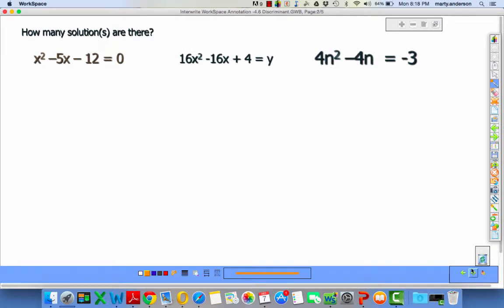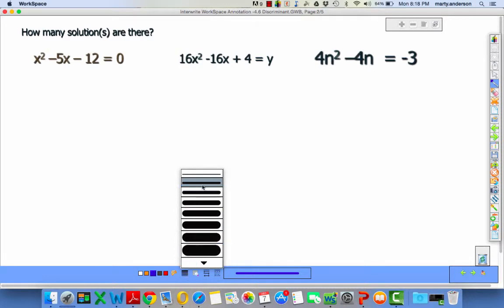It says here how many solutions are there for each of them. So you can tell a lot about the problem before you even start doing the x is equal to negative b plus or minus the square root of b squared minus 4ac all over 2a.